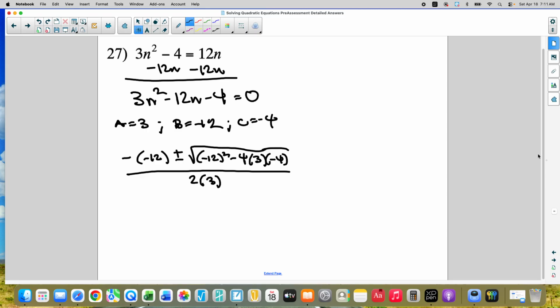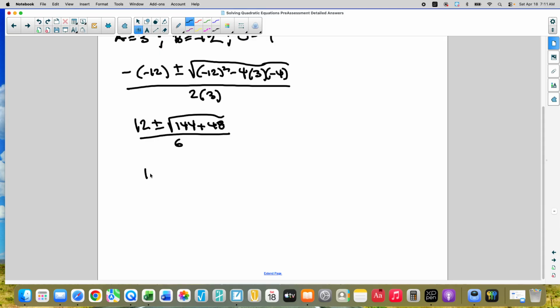Oh, my hands are killing me. 12 plus or minus the square root of 144 plus, that's 12 times 4, which is 48, all over 6. 12 plus or minus, that's 192.